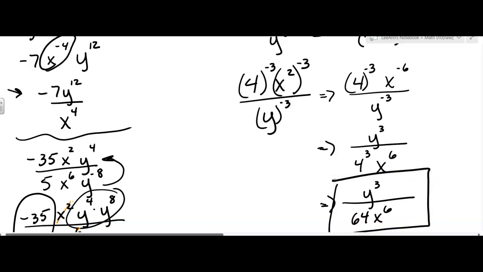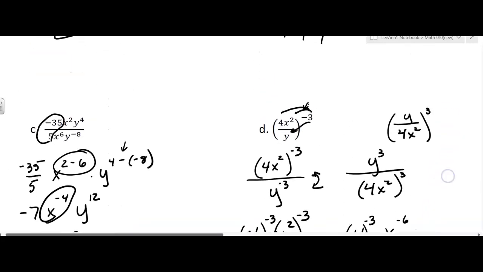My bases are only appearing once. I don't have any parentheses. I don't have any negative exponents. I don't have any zero exponents. So I think it's good. Now the 64 is in the denominator, and that's okay. Would I get the same answer if I chose the other ways? Well, right here, I would have had the y cubed. The 4 cubed would have been the 64, and then the x to the 6th, which I think is what we had.